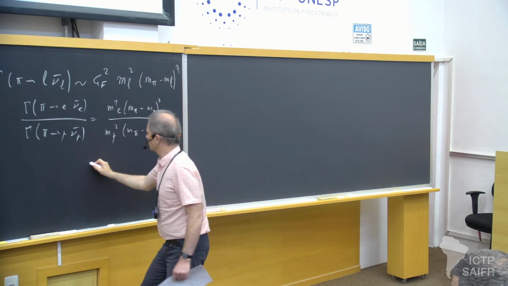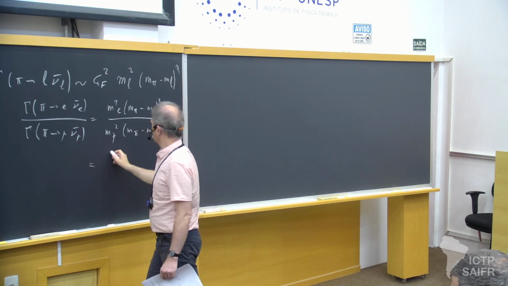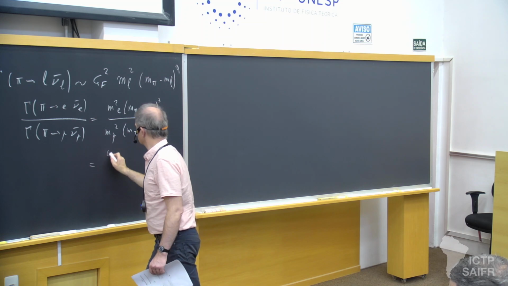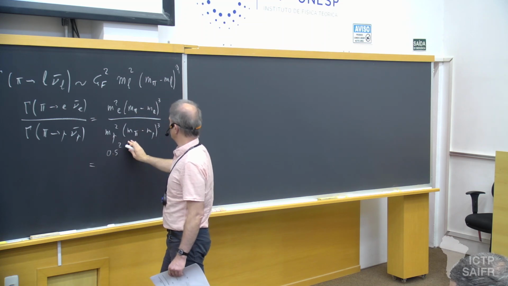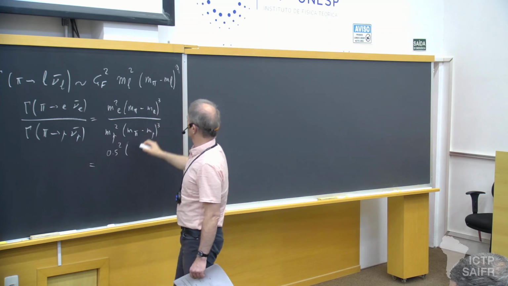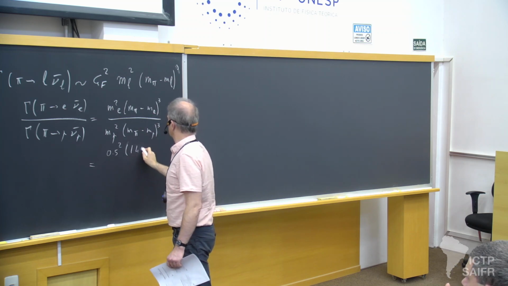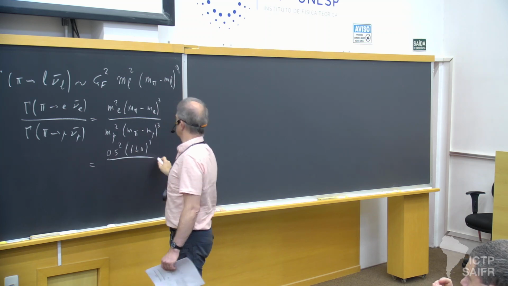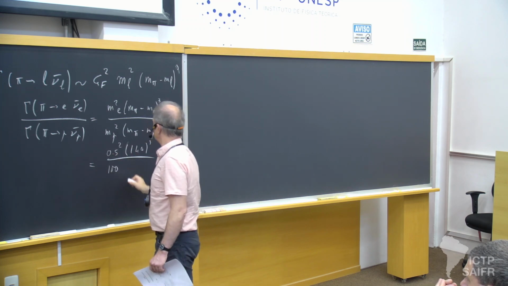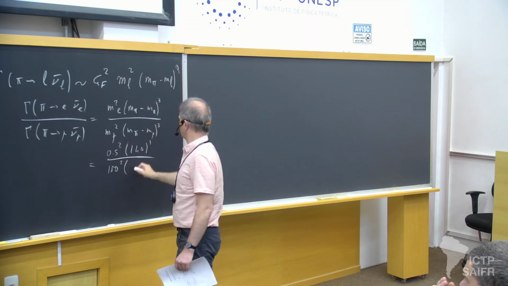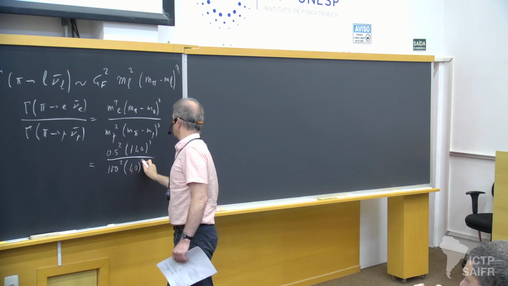So now what is it? It's 0.5 MeV squared, times 140 MeV cubed, divided by 100 MeV squared times 40 MeV cubed.